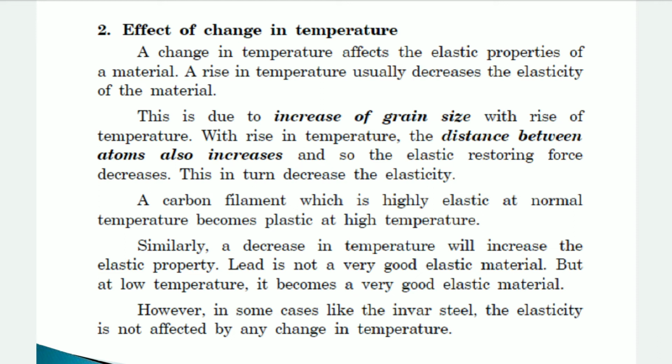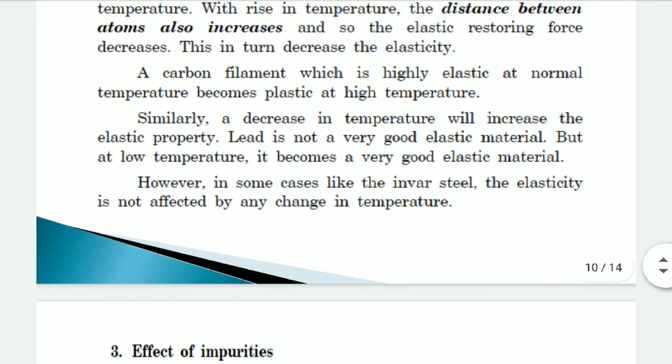For example, a carbon filament is a highly elastic material at normal temperature. When the temperature of the material increases, it becomes less elastic. When the temperature of the material decreases, the elastic property increases.